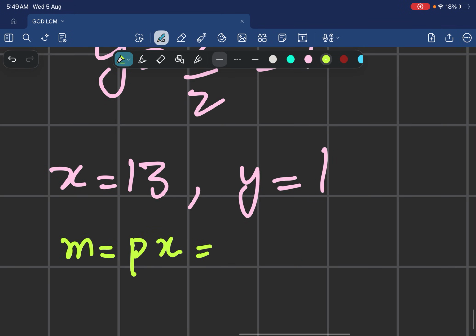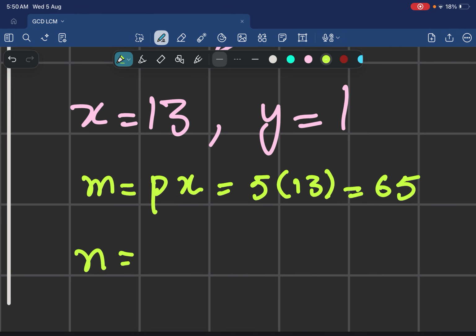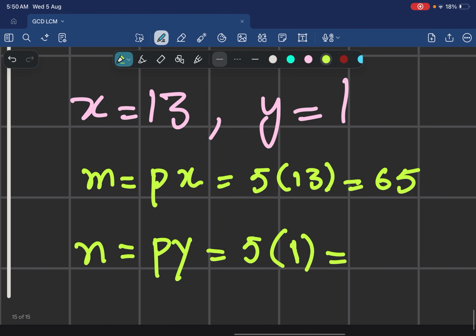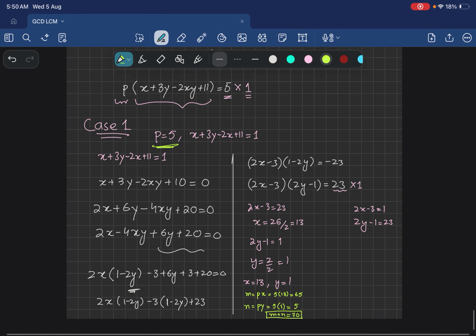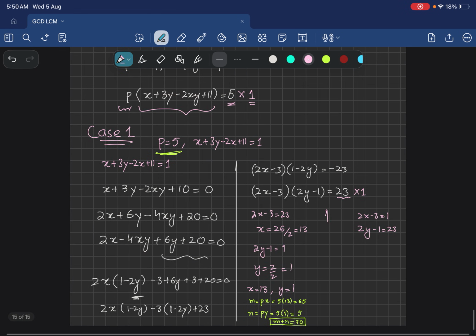Here this is case 1, and p is equal to 5, right? So 5 times x, x is equal to 13, 5 13s, it's 65. And the value of n is equal to py. p is equal to 5, y is equal to 1, which means n is equal to 5. Therefore m plus n here is equal to 70. Okay, this is what we get.